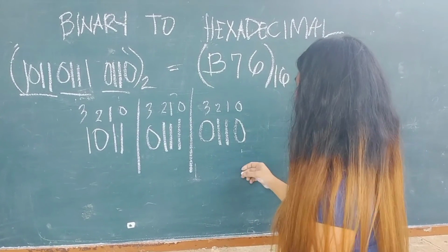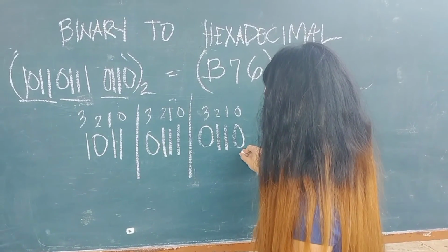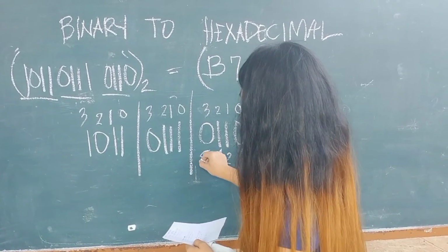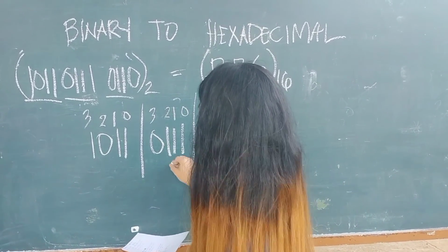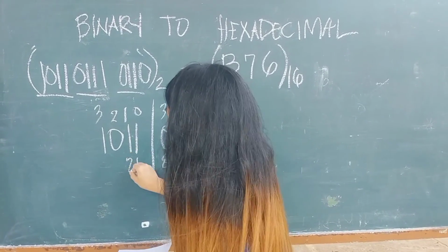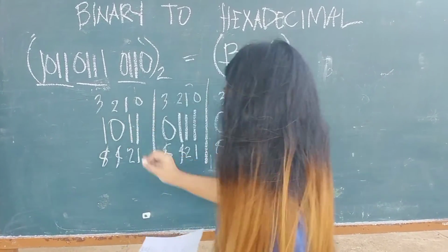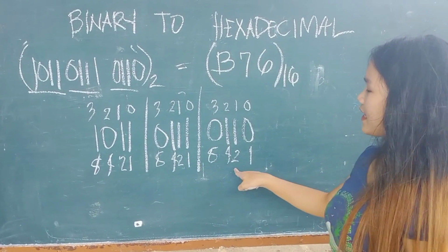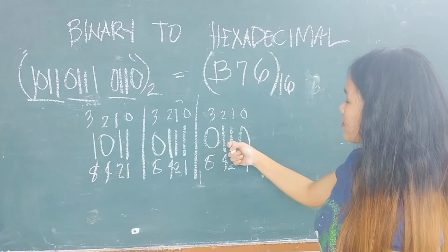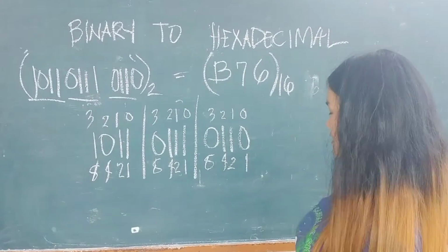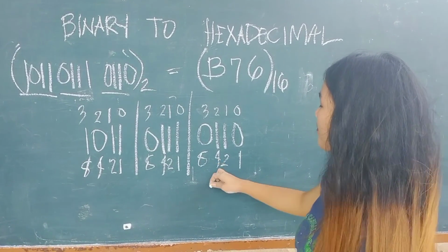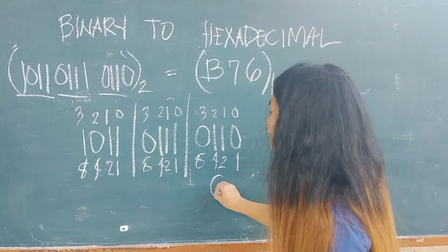So, let's give their values: 1, 2, 4, 8, for each group. To make it easier, we just add them up, the ones with a 1. So, 4 plus 2 is 6.